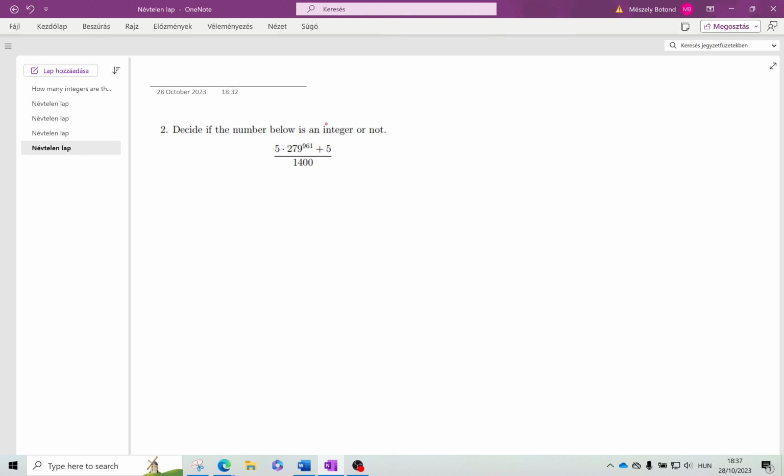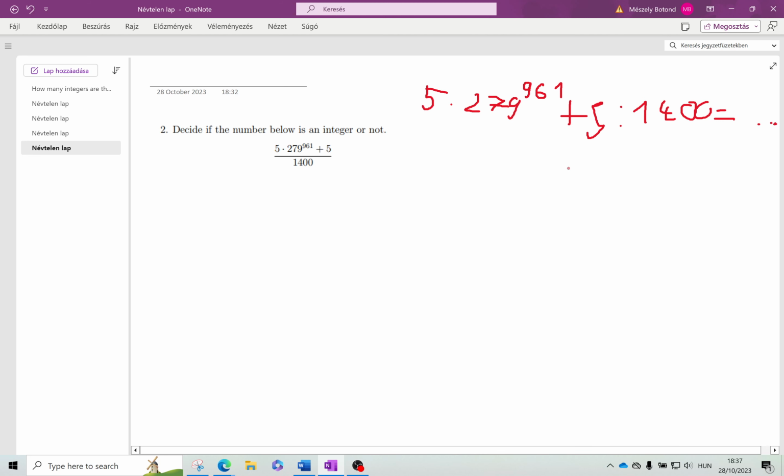The question is, if 5 times 279 to the power of 961 plus 5, divided by 1400, is something, and the remainder is 0.